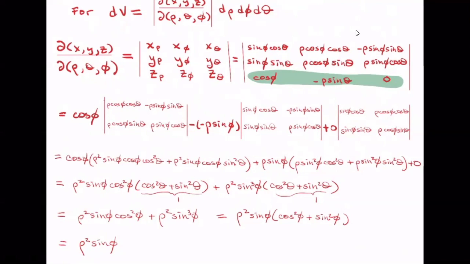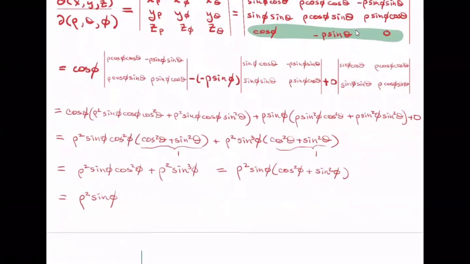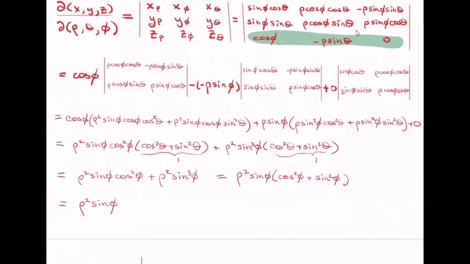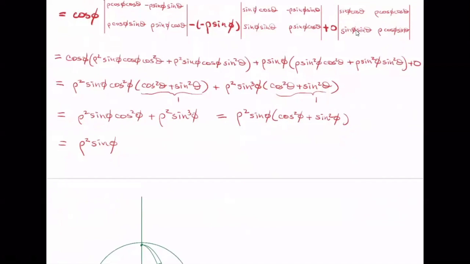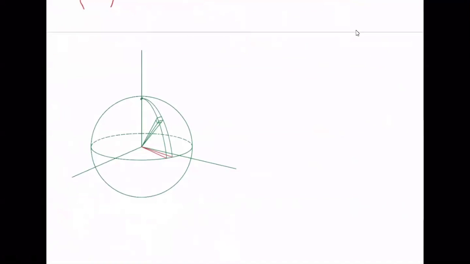And we're going to have to do one very similar to this later when we parameterize surface area, when we compute surface integrals. So that's in the next chapter. You'll see a very similar determinant later. Okay, let me go ahead. I've got to move this little guy out of the way real quick.